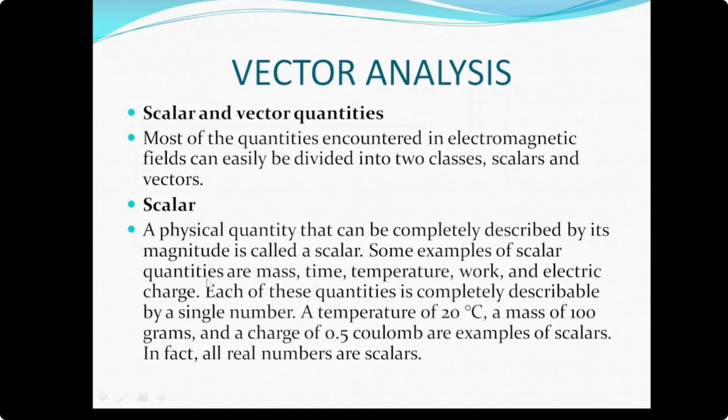Some examples of scalar quantities are mass, time, temperature, work, electric charge. Each of these quantities is completely describable by a single number. A temperature of 20 degrees Celsius, a mass of 100 grams, and a charge of 0.5 coulomb are examples of scalars. In fact, all real numbers are scalars.